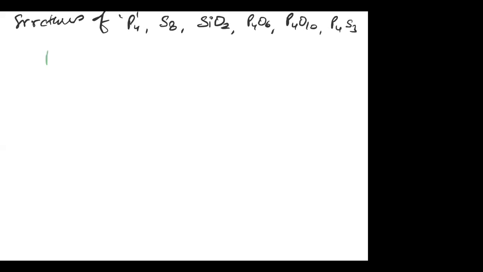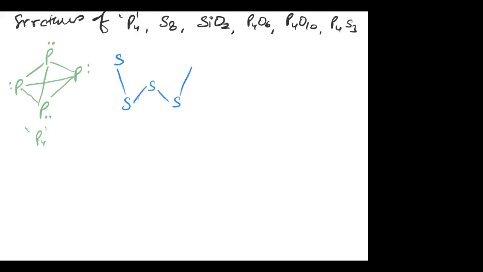So as far as P4 is concerned, the structure of P4 may be represented as this. It is P4. Every phosphorus is forming 3 sigma bonds, and they all consist of 1 lone pair of electrons each. In the case of S8, every sulfur forming 2 sigma bonds has 2 lone pairs of electrons.